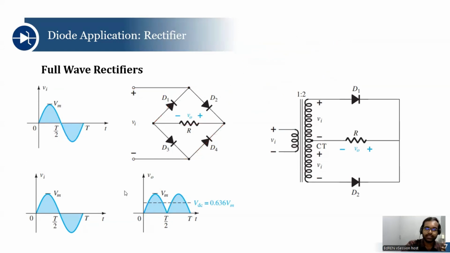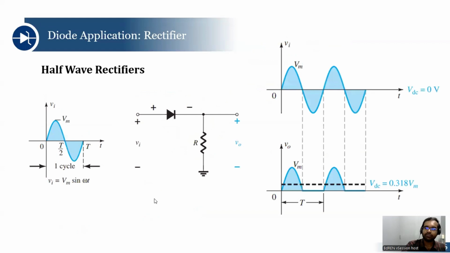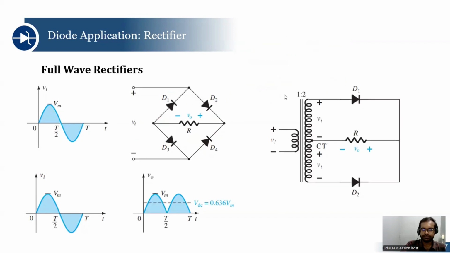So we could witness two types of rectification process. In the first type of rectification, we are cutting off the negative half cycle, or I would rather say we are wasting the negative half of the input signal. It is called half-wave rectification, because we are utilizing only the half portion of the signal, and in the latter case we are utilizing both portions of the input signal.